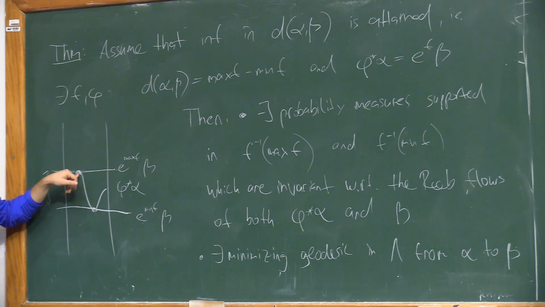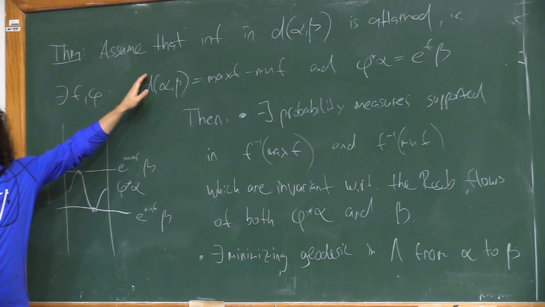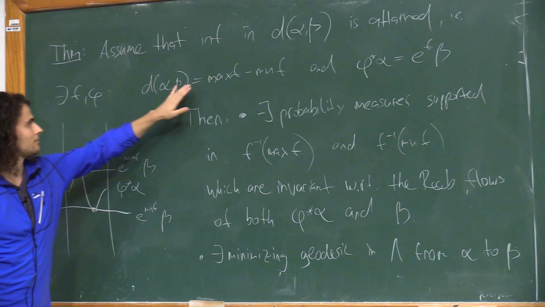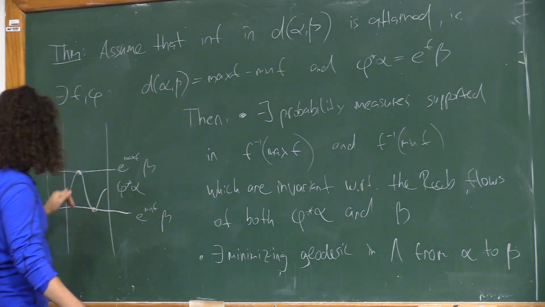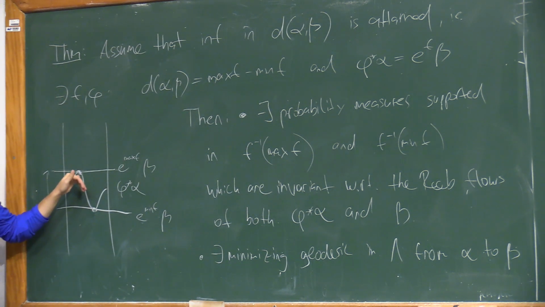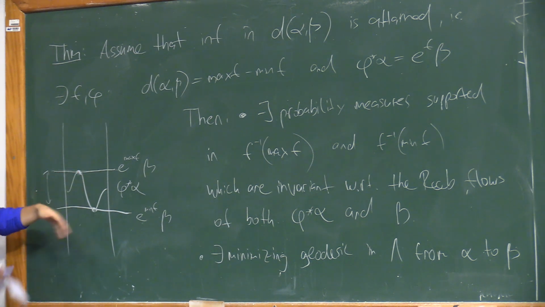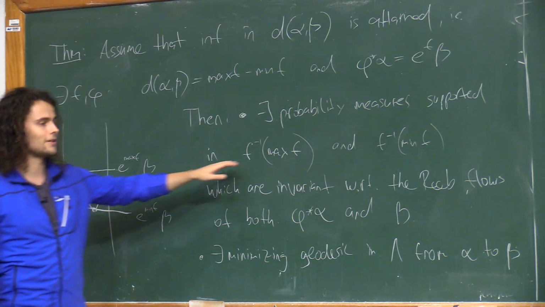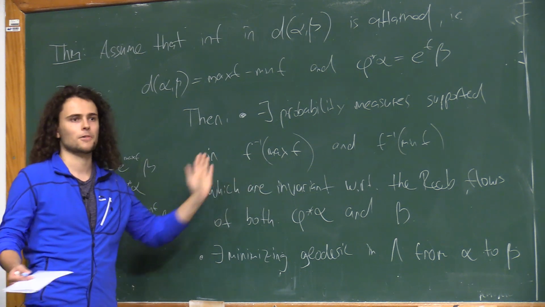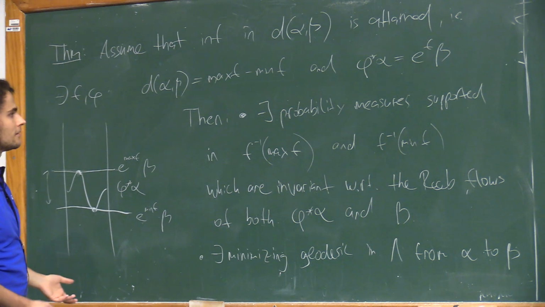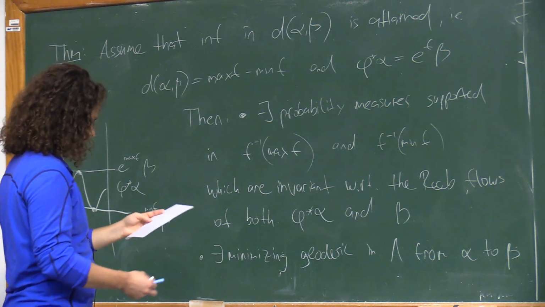Whenever I have such a function, I can push it down, and it's not going to be optimal. So from the optimality, the infimum being attained, I can conclude that this kind of function does not exist. And then there's a theorem called the Sullivan alternative that lets me conclude the existence of these invariant probability measures. So if the infimum is attained, we have these common invariant measures.